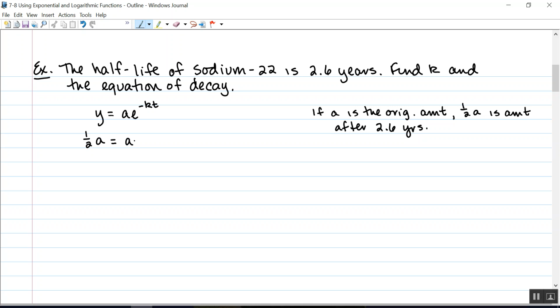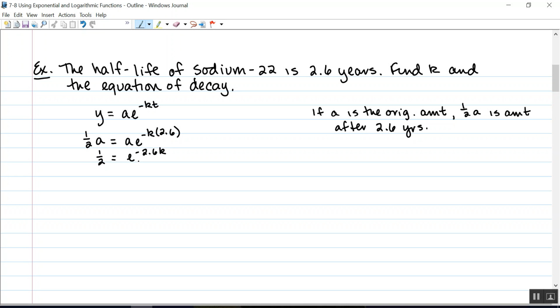A is the original amount, times e to the negative k, which we don't know, and t is my time, my half-life, 2.6 years. So let's solve that equation. If I divide both sides by a, I get 1/2 equals e to the negative 2.6k.